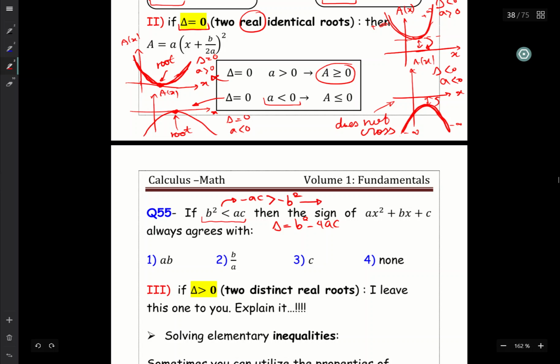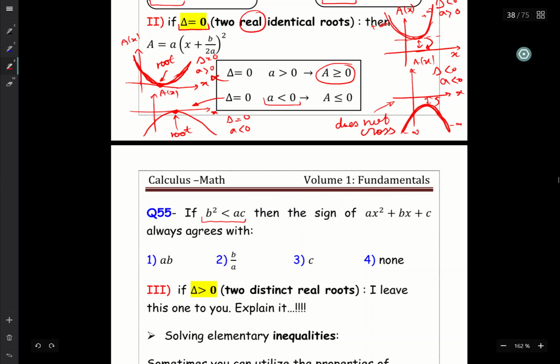And therefore minus 4ac is greater than minus 4b squared. And therefore b squared minus 4ac is greater than minus 3b squared, right? Yeah, we made a mistake here.